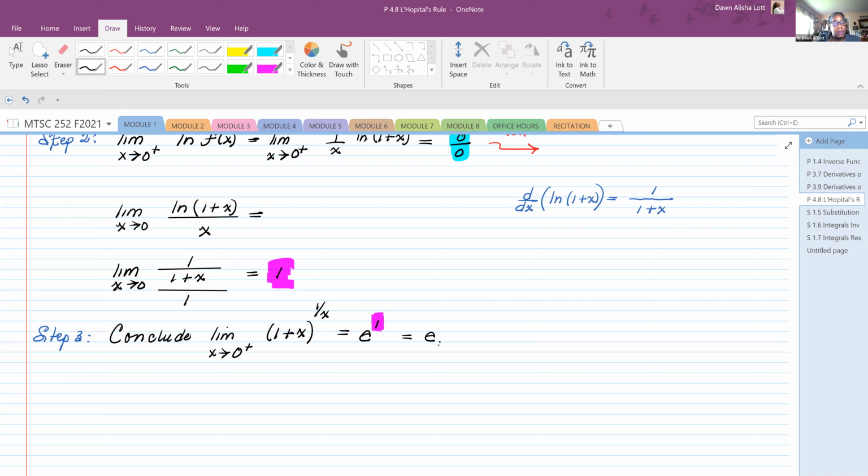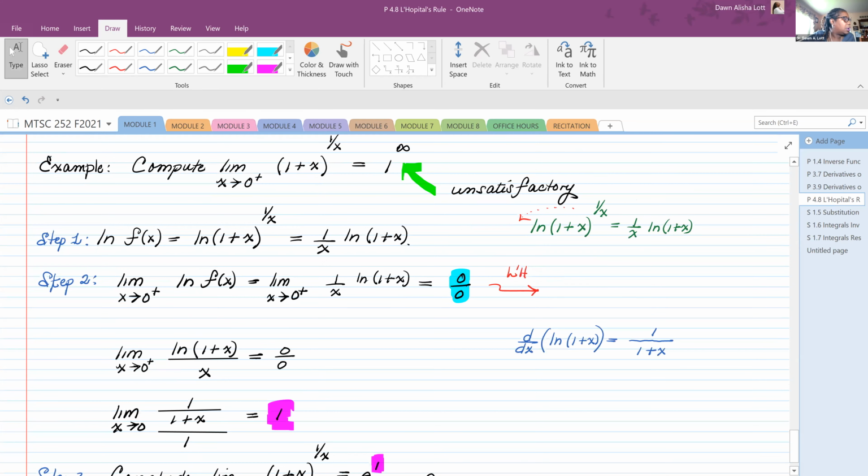Any other questions, comments? Excuse me, Dr. Locke. Yes. For step 2, when you're doing the limit as x goes to infinity, going off L'Hopital's, I was wondering why the limit under the lim went from x to infinity to 0.